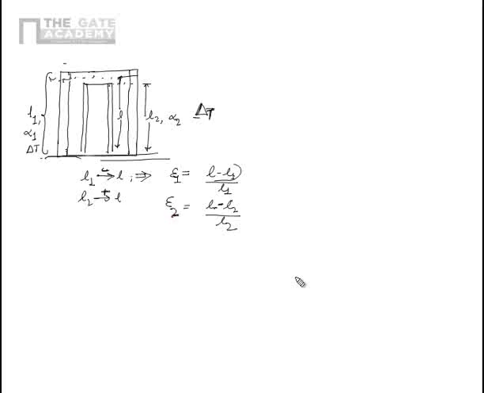Now this can be written as alpha 1 delta t, and this can be written as alpha 2 delta t.